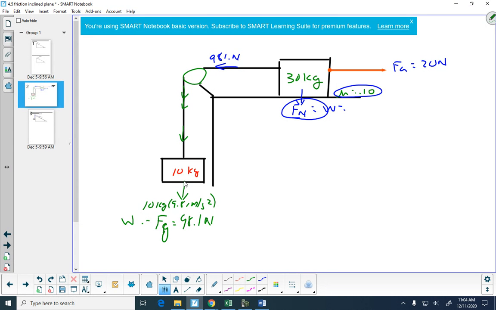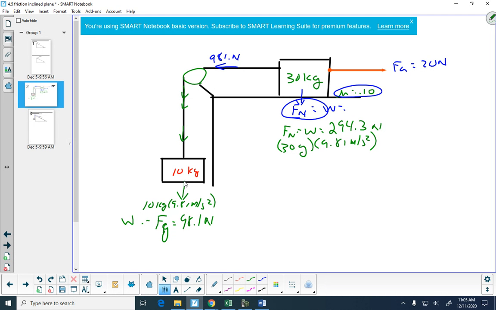What is the force normal and also our weight of this object? 294.3. We found that by taking 30 kilograms times 9.81 meters per second squared. So we have 294 newtons that are pulling it downwards.